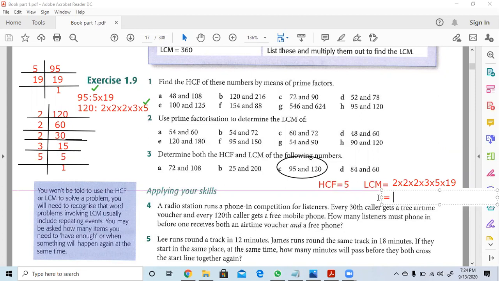So with the help of this, we are solving 2280. So here is our answer.